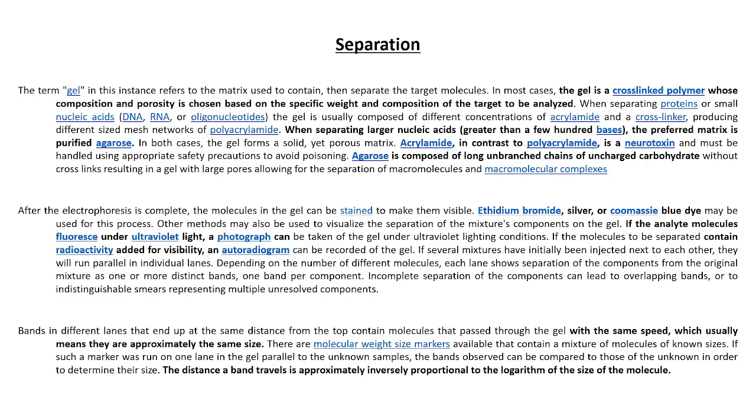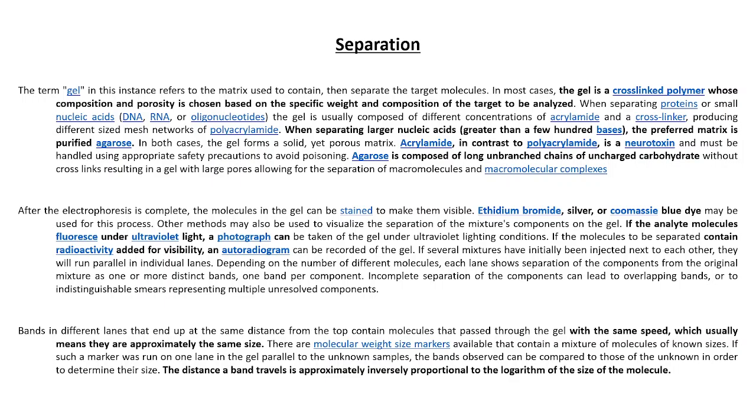Now coming to the separation, we know that the gel is a matrix to separate the target molecule. In most cases, the gel is a cross-linked polymer whose composition and porosity are chosen based on the specific weight and the target that we want to analyze. When separating larger nucleic acids, the preferred matrix is a purified agarose.